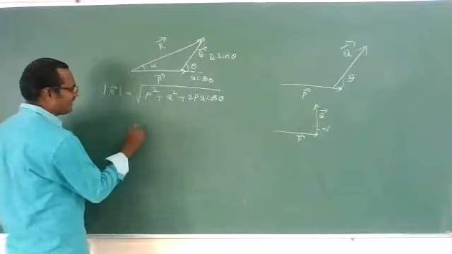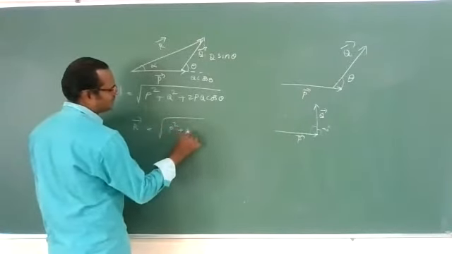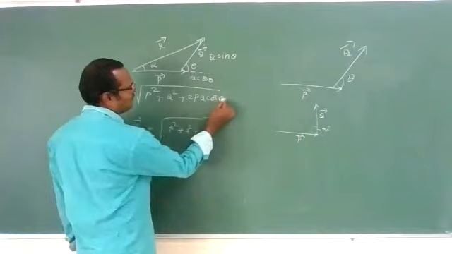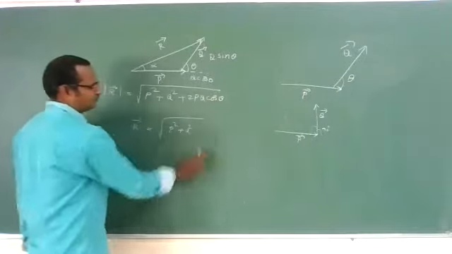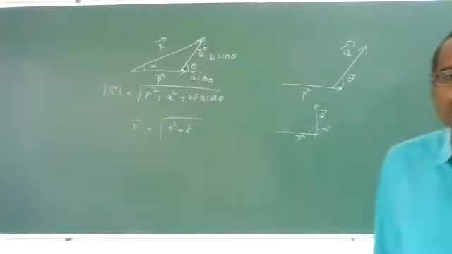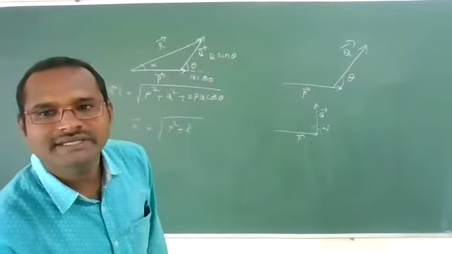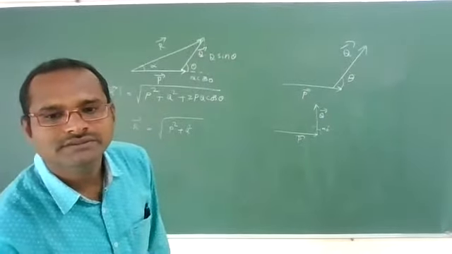You get resultant r bar equal to root of p square plus q square plus 2pq cos 90, and cos 90 is 0. You will get the answer: root of p square plus q square. Are you understanding, students?